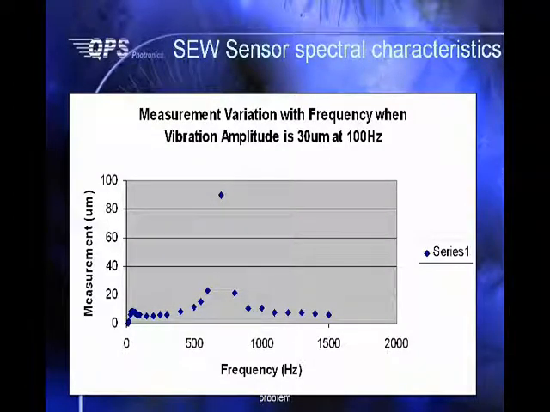Every mechanical thing always has a resonant frequency. But the way we designed this, we can alter the geometry of the diving board and move the resonance any way we like. For example, here we show 700 Hertz as the resonance frequency.